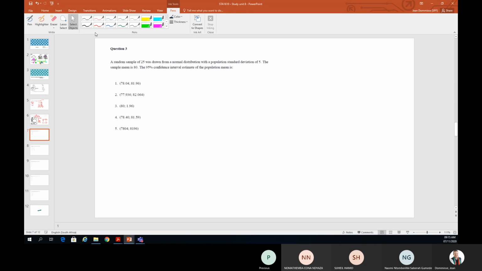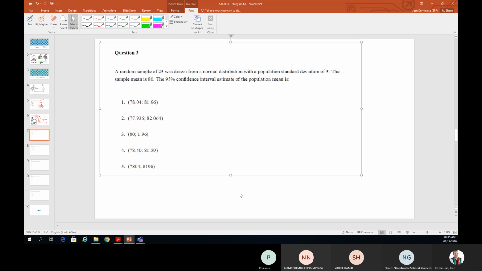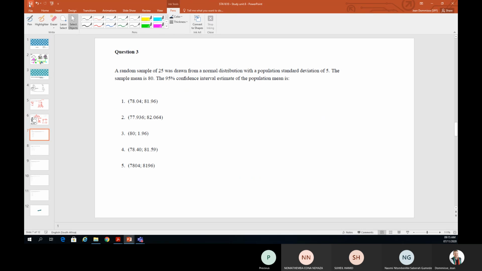Here they tell us that a random sample of 25 was drawn from a normal distribution, with a population standard deviation of 5.